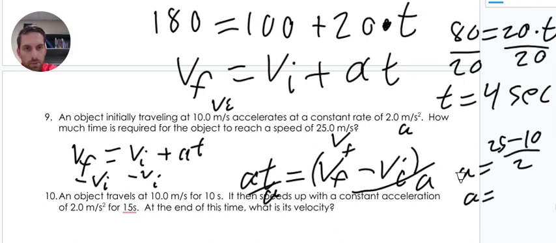So t equals 15 over 2 equals 7.5. Or not a, time. Because I divided out a, didn't I? That's in seconds.